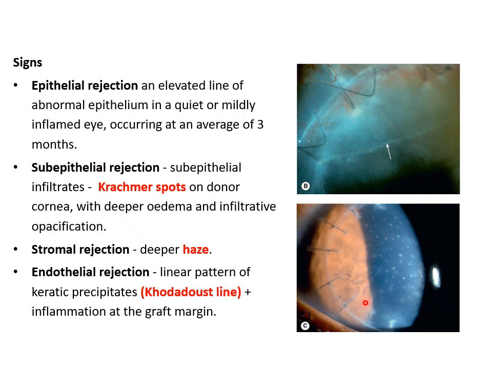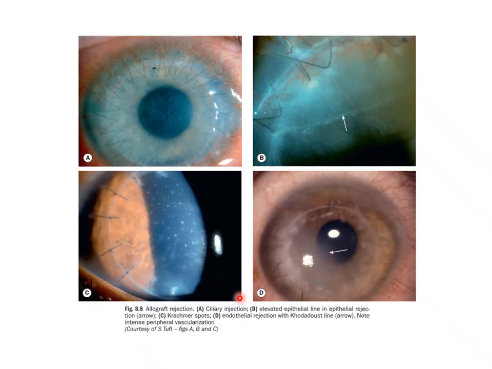Subepithelial rejection is seen in the form of subepithelial dots, which are known as Krachmer spots, on the donor cornea with deeper edema and infiltrates, and it is basically a precursor of stromal rejection. Stromal rejection would be associated with a deeper haze, and endothelial rejection would have a linear pattern of keratic precipitates.